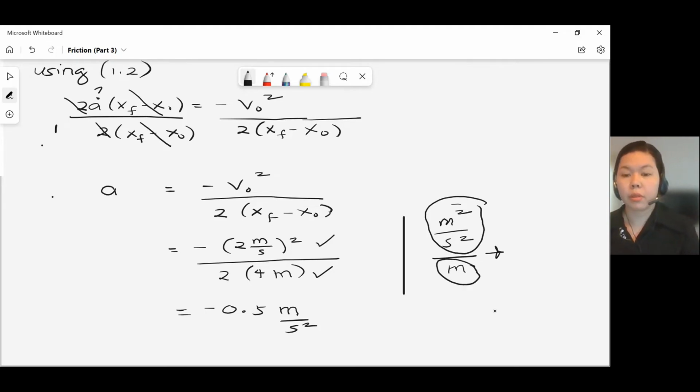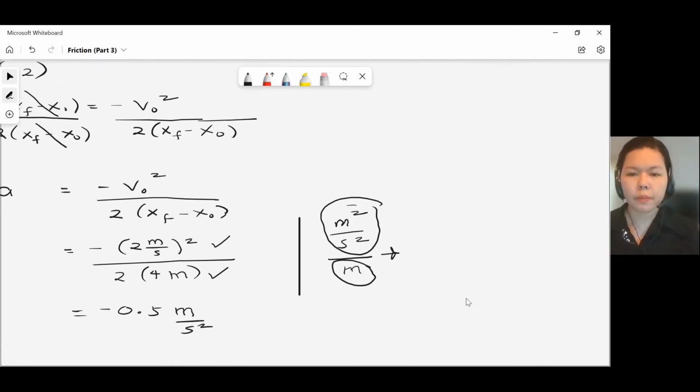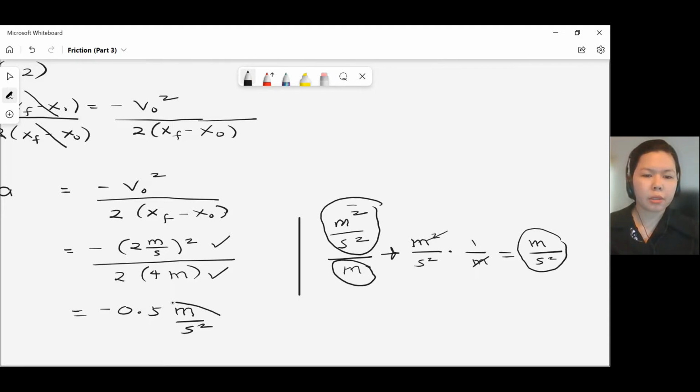This will become numerator times the reciprocal of the denominator. So meter squared over second squared times the reciprocal of meter, which is 1 over meter, equals meter squared over meter, which gives us meter over second squared. And this is a correct unit for acceleration, meter per second squared.